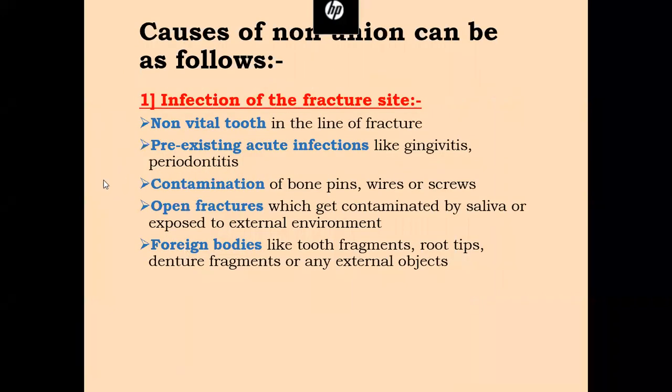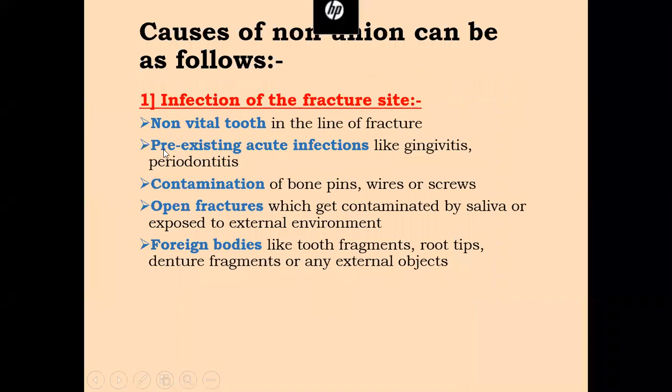The first cause is infection of the fractured site. These are the various reasons by which infection can occur. First is a non-vital tooth in the line of fracture. The non-vital tooth can become a nidus of infection and cause delay in the healing of the bone.